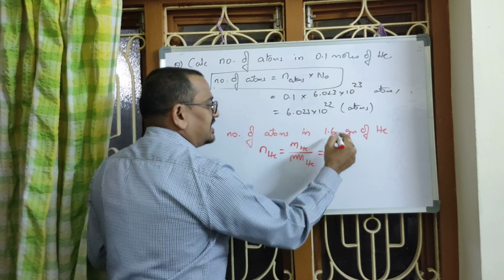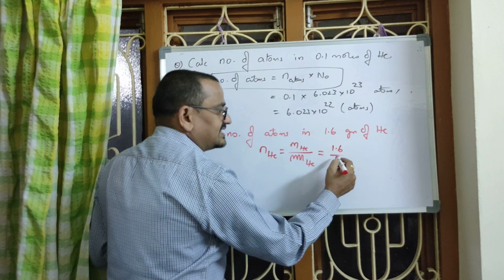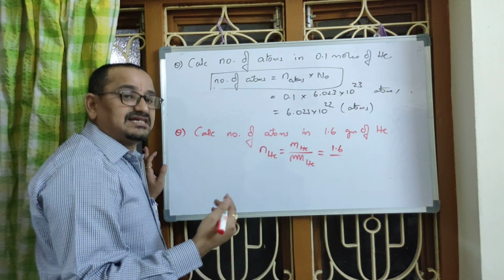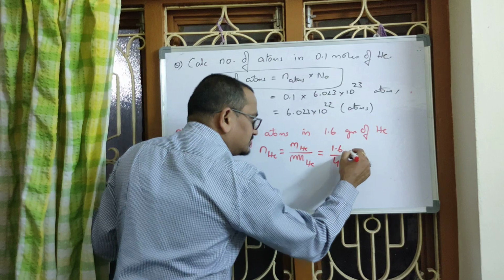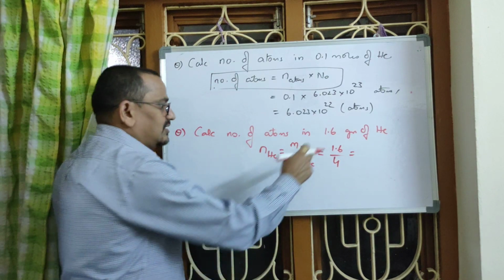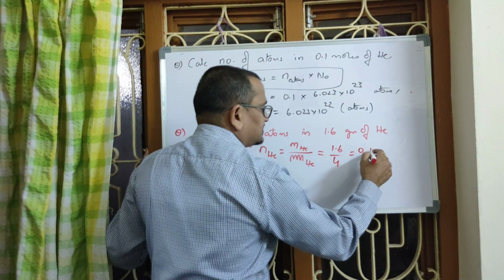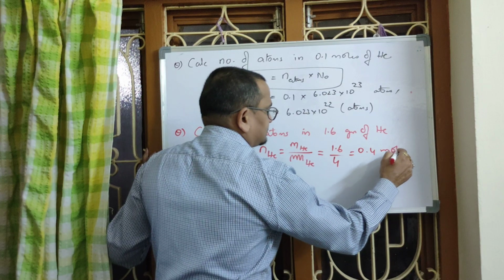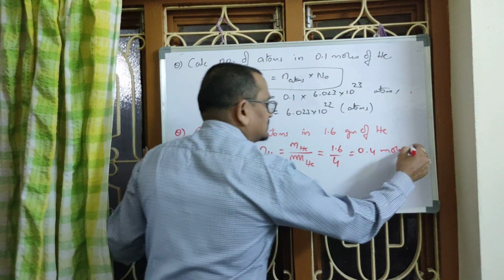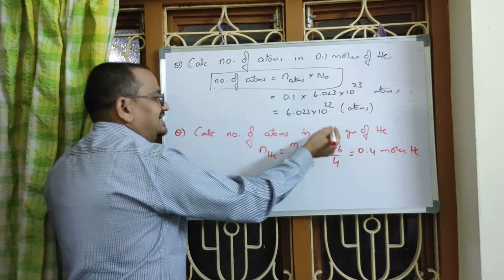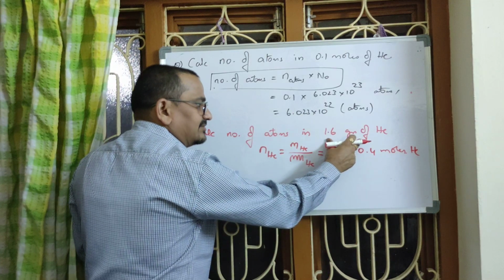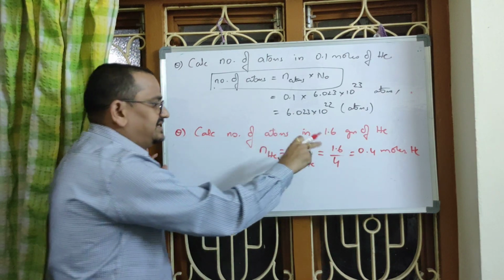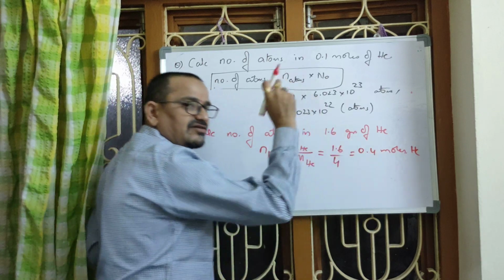That equals, mass is this value 1.6 by what is molar mass of helium, means gram atomic mass of helium? Very good, 4. On simplification it is 0.4 moles of helium. As they did not supply the number of moles of helium, but other value is given indirectly, we deduced the number of moles value.